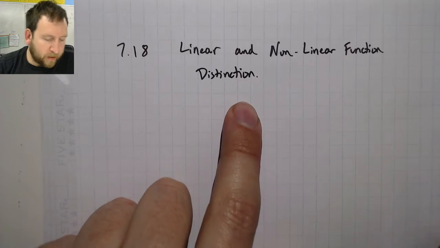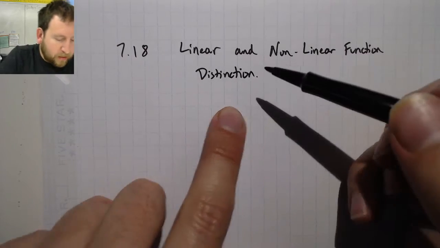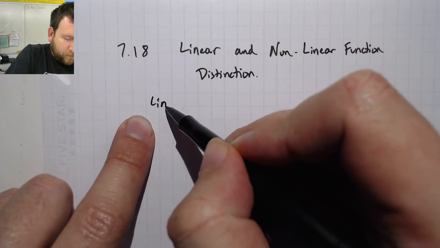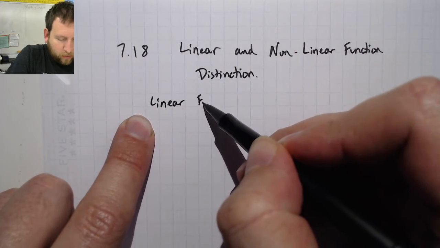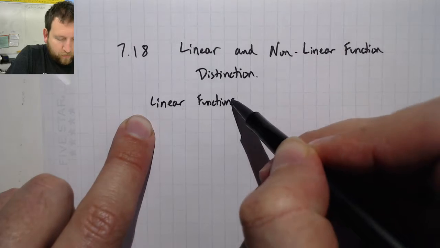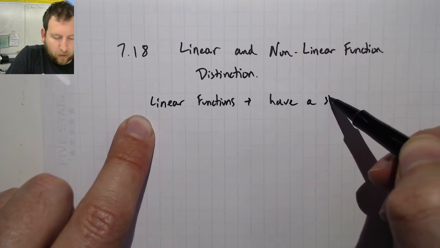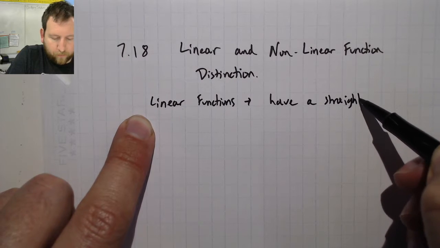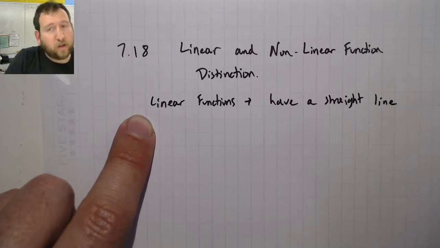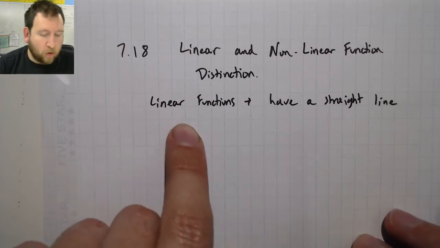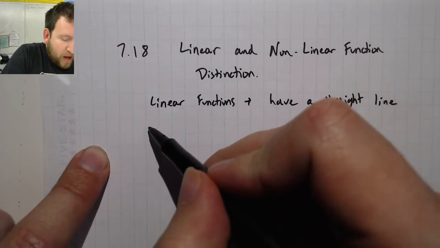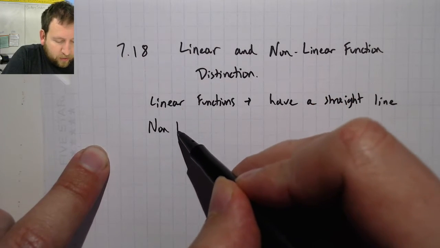Now, what we're going to be looking at is, we talked about linear functions. And these have a straight line, right? Now, a function does not need to have a straight line, only a linear function. We have nonlinear functions.